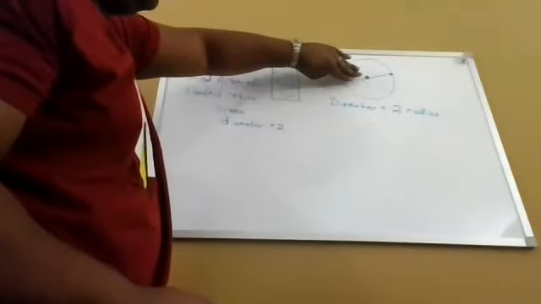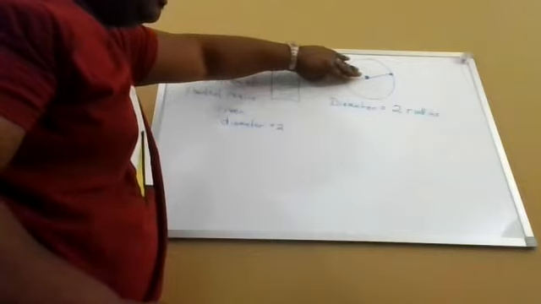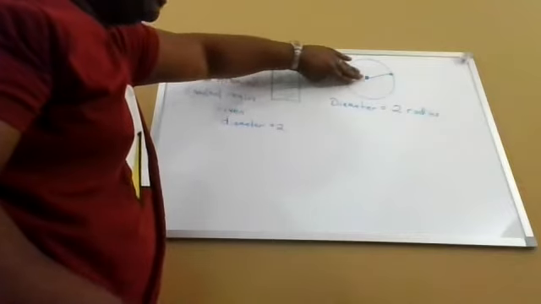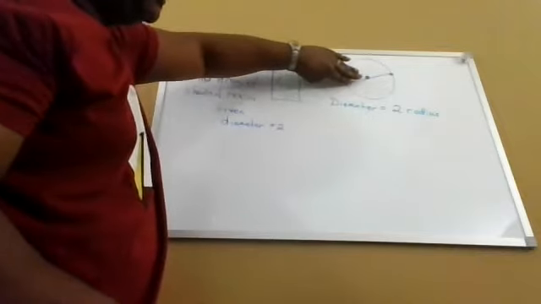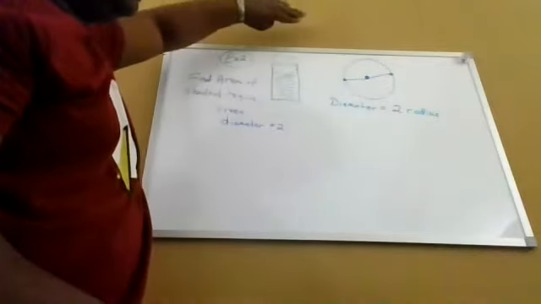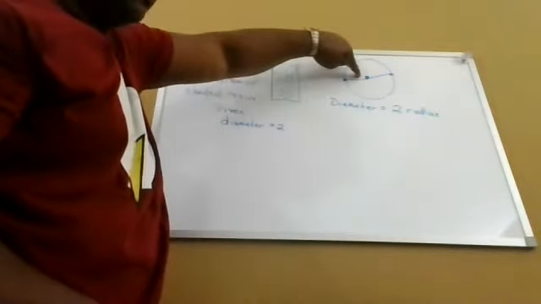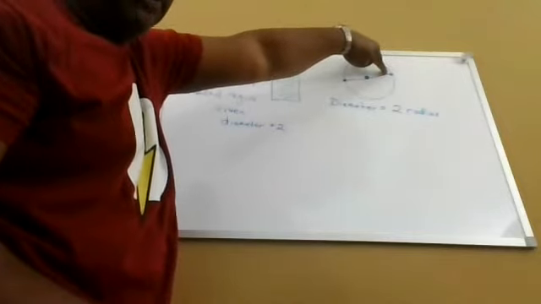If I covered up half of it, that would be my radius, because I have just the center of the circle going to some point on the circle. That's the radius. The diameter is a point on the circle, goes through the center, and touches a different point on the circle.